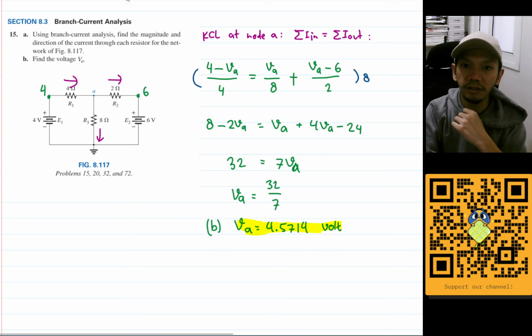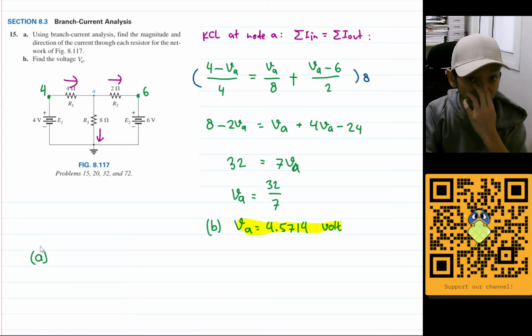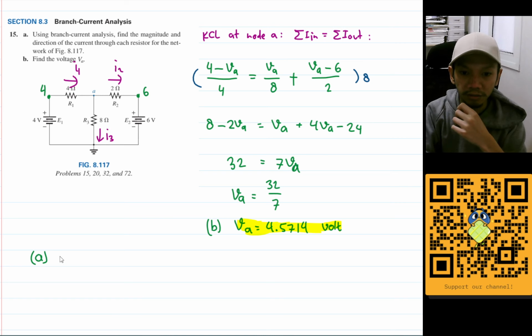And for question A, we are asked about the current. So let's name this I1, this I2, and this I3. So what is I1? I1 is 4 minus VA divided by 4.